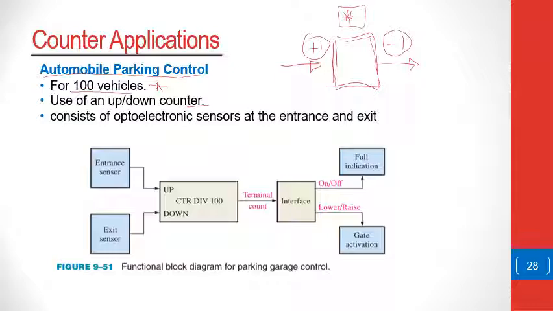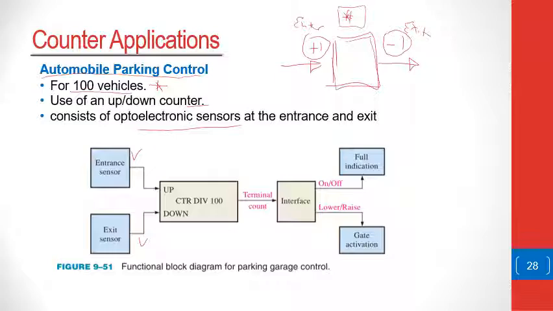The entrance will consist of these optoelectronic sensors to detect whether the vehicle is entering, to create an up count, or if the vehicle is exiting, to create a down count. So this will be an exit, and this one is enter.